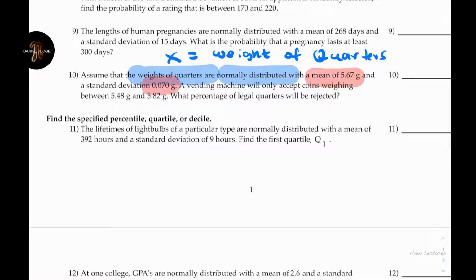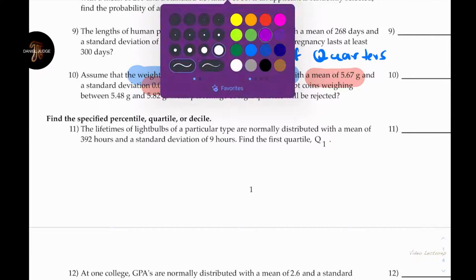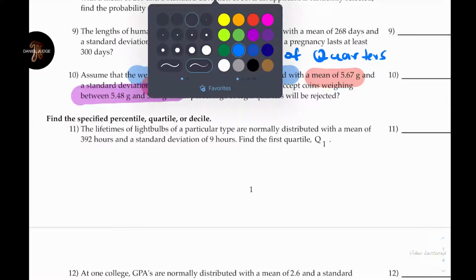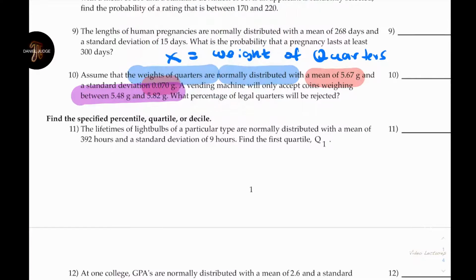A vending machine will only accept coins weighing, again, this is another between situation. So, between what? They're asking the percent here. This is an interesting question, number 10, ladies and gentlemen.